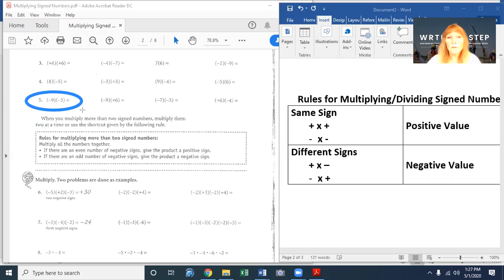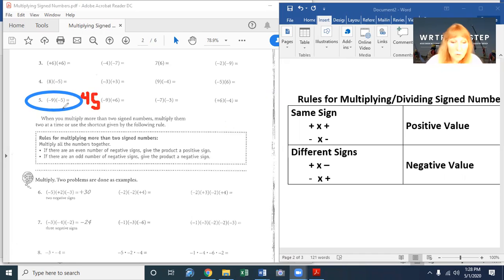So we're going to do -9 times -5, and we're going to look over here at our chart, and we're going to say the signs are both negative. So that would be the same sign. They're both negative, so our answer is going to be positive, right? So what is the answer to -9 times -5? What's 5 times 9? Positive 45.